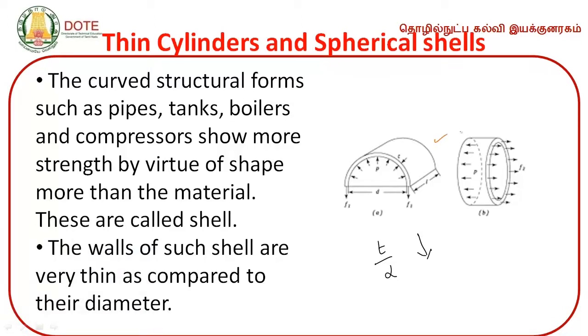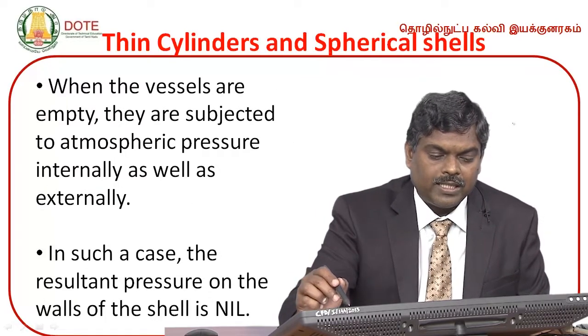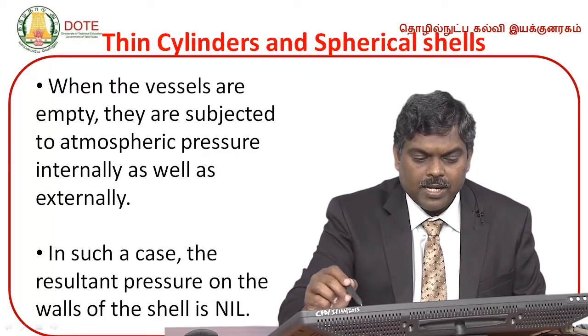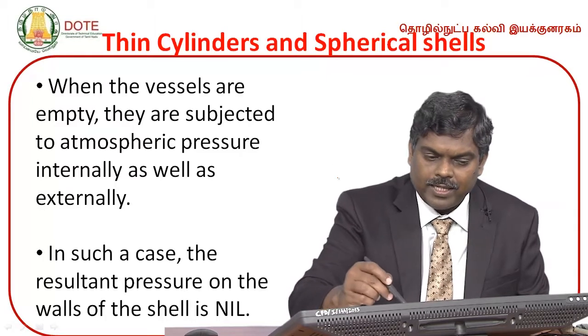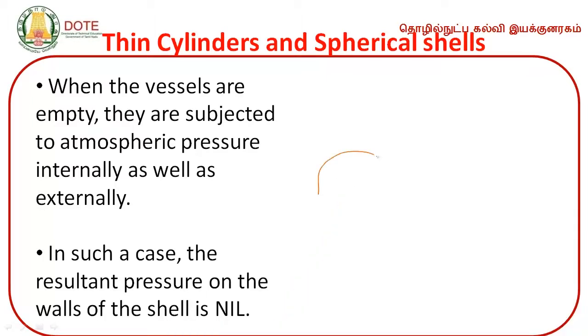These are some of the examples of thin cylinders. When the vessels are empty, they are subjected to atmospheric pressure internally as well as externally. Imagine it is a vessel. This vessel is empty.